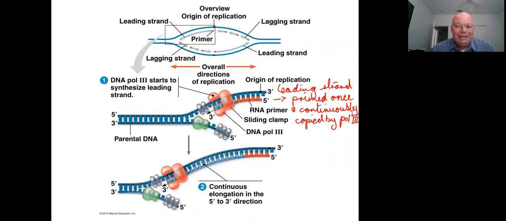But remember, its orientation is anti-parallel to the leading strand.